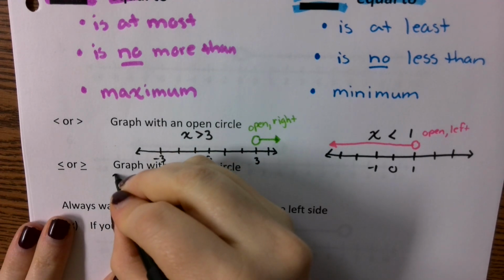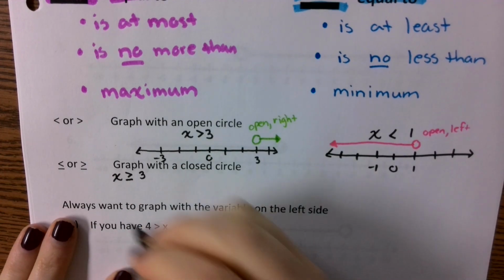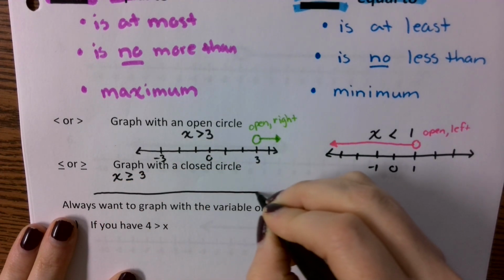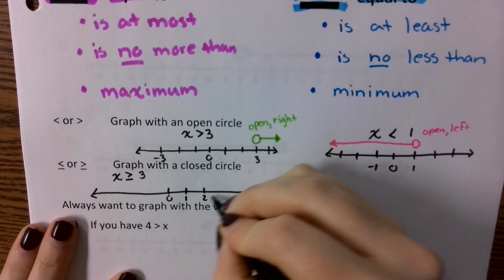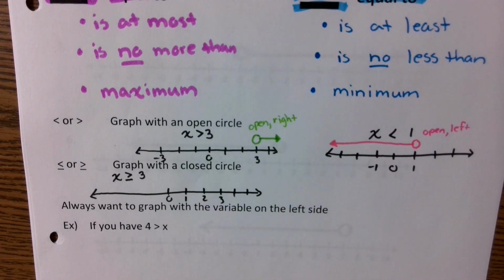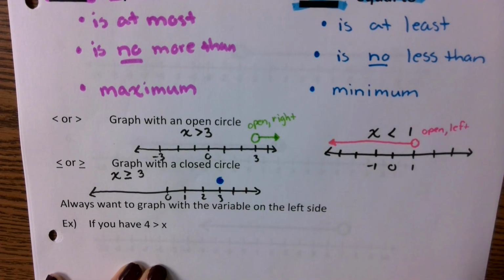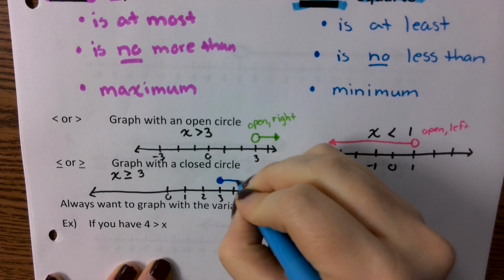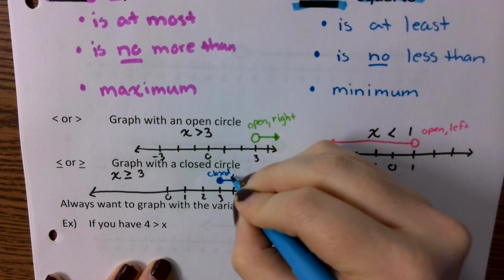So if I were to say again, I have x is greater than or equal to a positive 3, and I've got my nice little number line here. I would now go ahead and do a closed circle at 3. So I draw my circle at 3, but now I'm going to go the extra effort of filling that circle in, and I graph everything to the right. So that is closed and to the right.